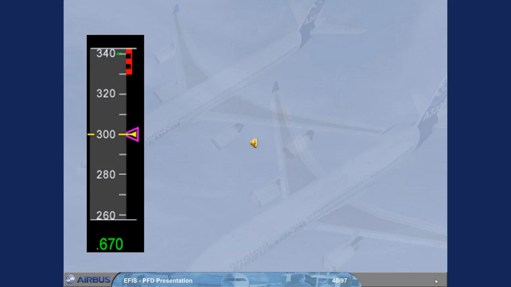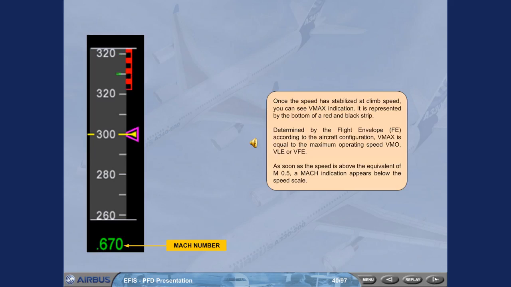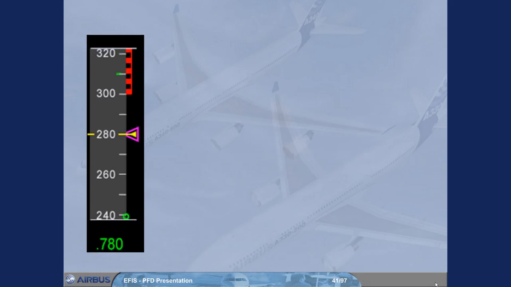As soon as the speed is above the equivalent of Mach 0.5, a Mach indication appears below the speed scale. Above approximately 25,000 feet, the Vmax indication becomes the airspeed equivalent of the Mach limit speed, MMO, Mach max operating speed, Mach 0.82.